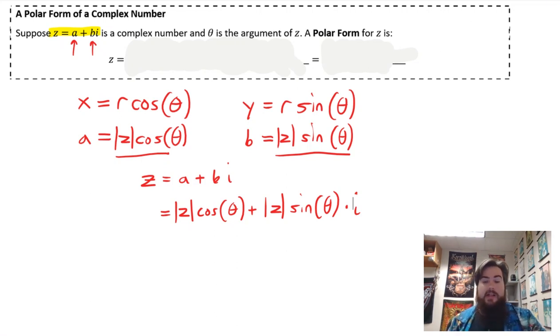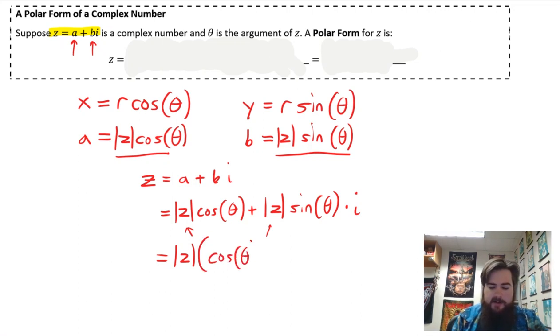Now that's all well and good, however we can try to simplify this a little bit. For one, I see that both of these terms have a modulus of z, so I can factor that out of both terms and rewrite this as the modulus of z times the quantity cosine of theta plus i times sine of theta.